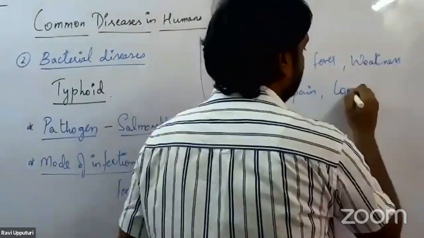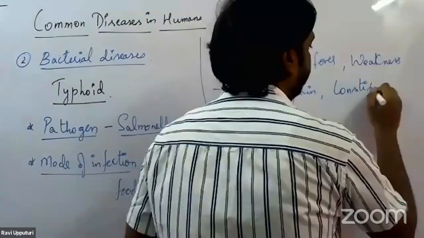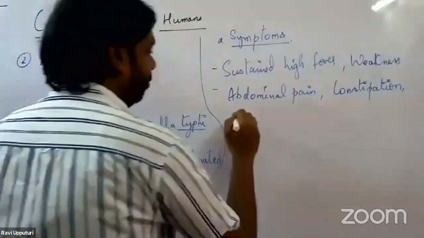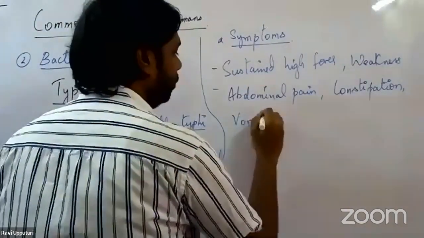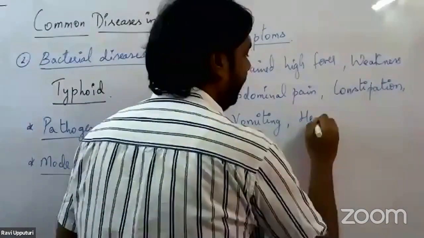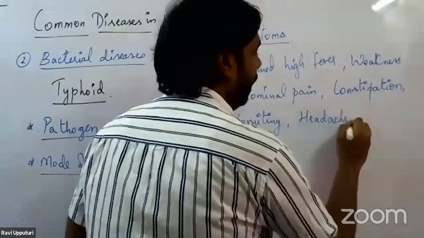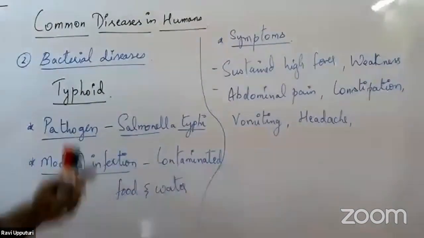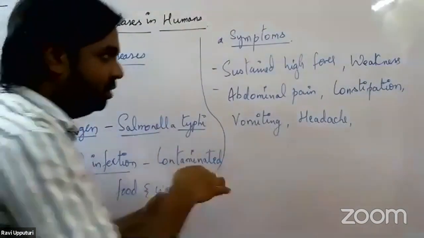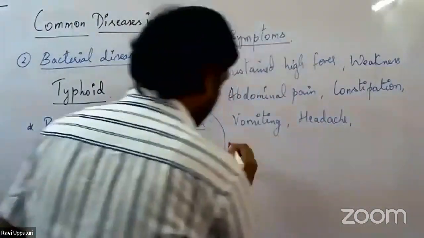There is constipation. After constipation, there would be vomiting. The individual would start suffering from headache. And most importantly, there is one prominent symptom associated with this disease, which is called intestinal perforation.